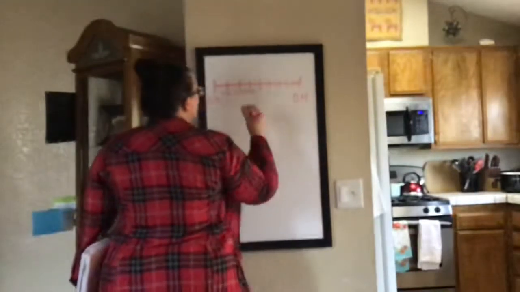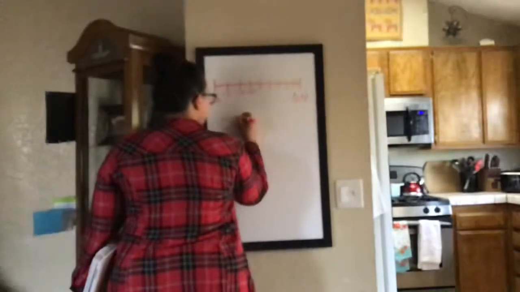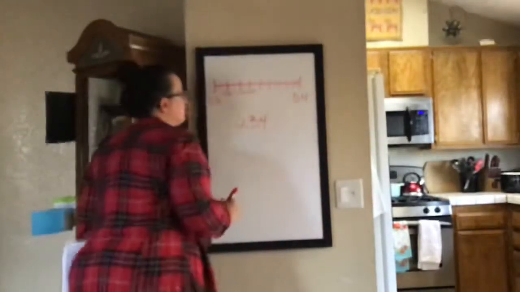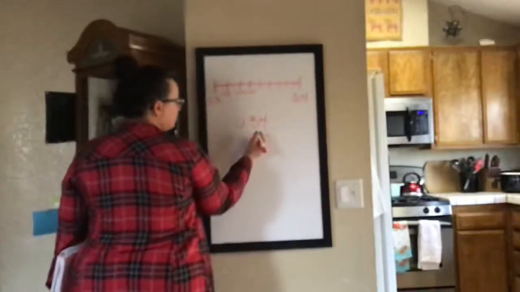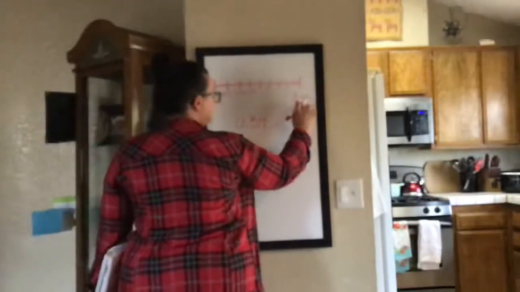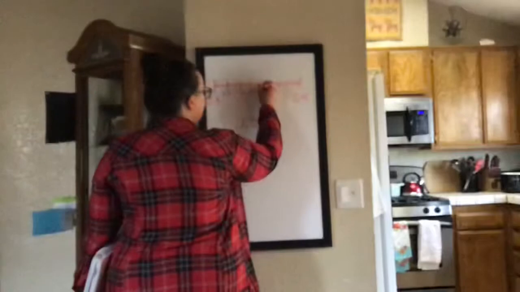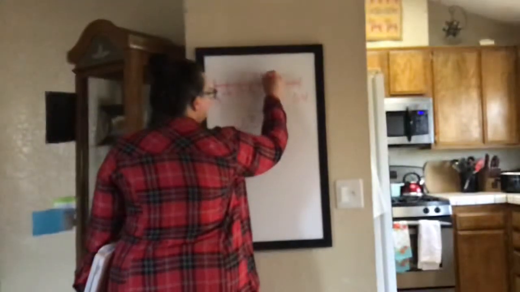All right, let's just pick 0.34. Does that round, stay to 0.3 or go up to 0.4? Well, where is it on the number line? It's right here, right? 0.34.